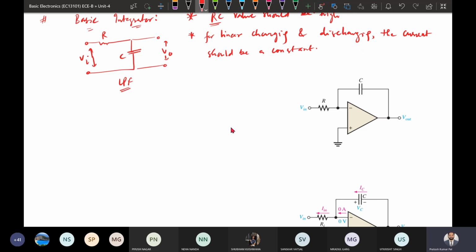This is the operational amplifier circuit. The input resistance R is connected, and instead of a feedback resistance we have a feedback capacitor. We get the output across this capacitor itself. It is a similar implementation of the basic RC circuit, so this is the integrator that we can implement using the operational amplifier.